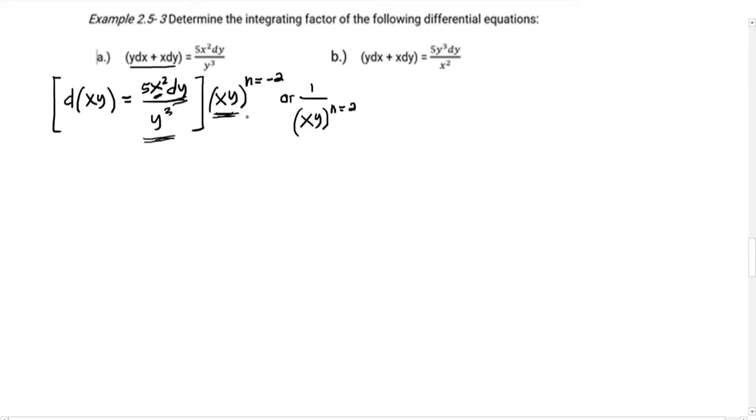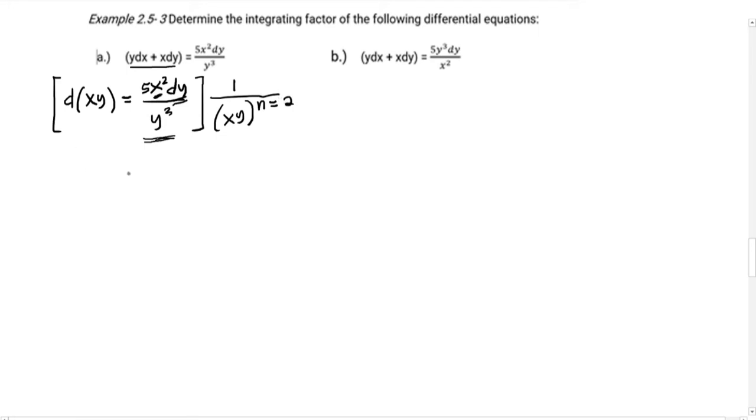But on my side, I prefer the second. So I may use this in our example. So I will multiply this by 1 over xy raised to n. And our value for n here is equivalent to positive 2.